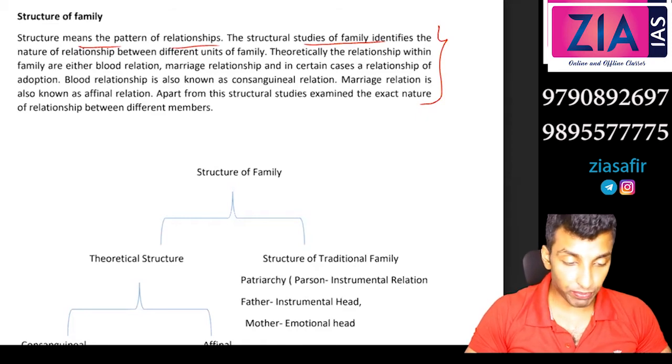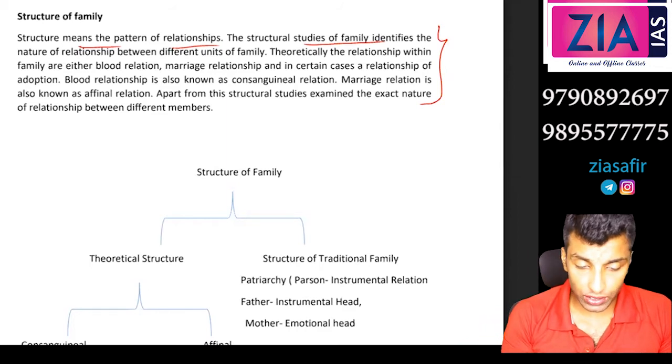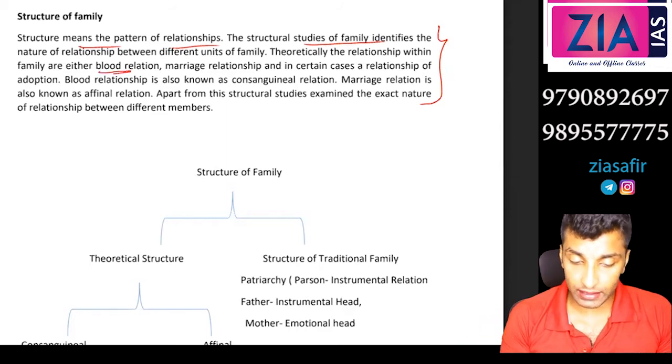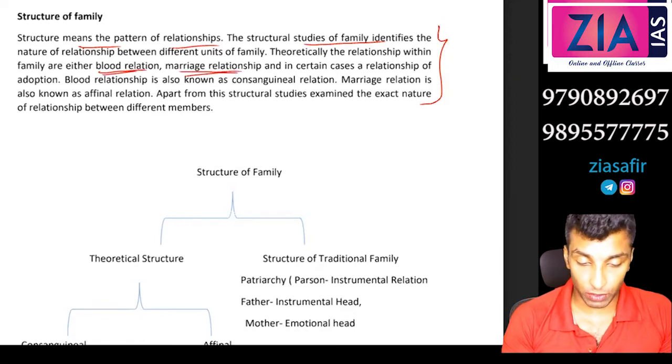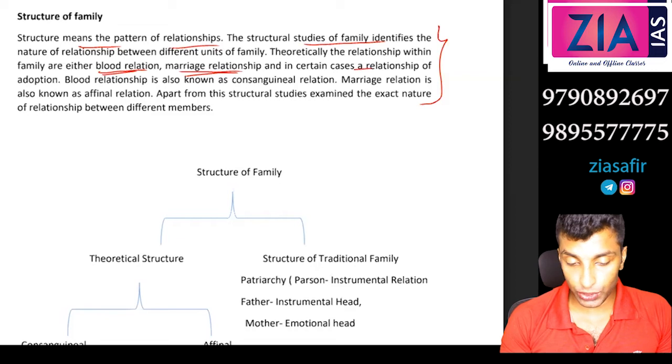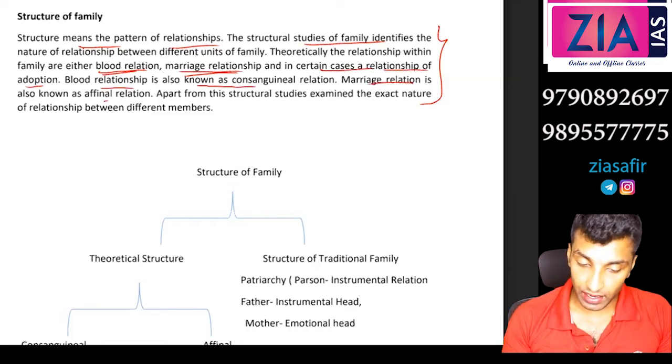Theoretically, the relationships within a family are either blood relation, what you call consanguineal relation, marriage relation, affinal relation, and in certain cases, relationship of adoption. Blood relation is also known as consanguineal relation. Marriage relation is also known as affinal relation.